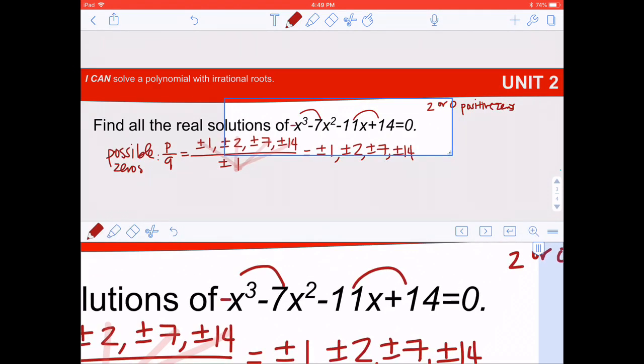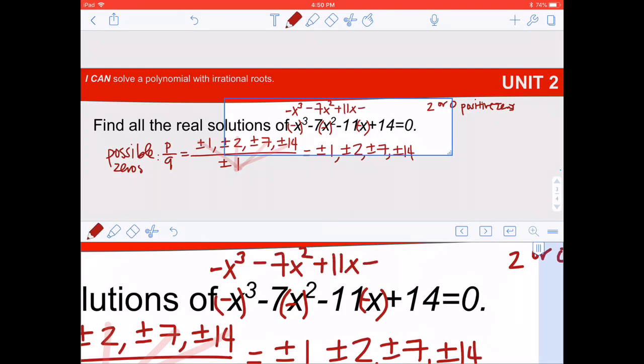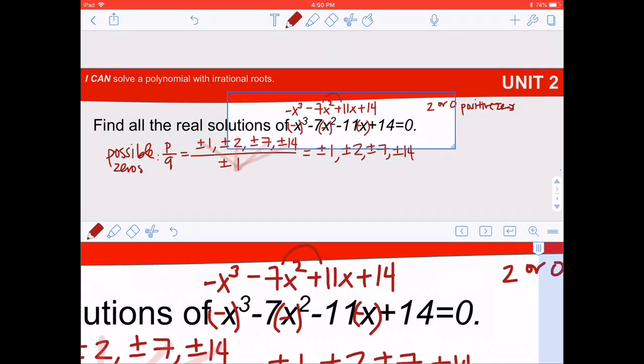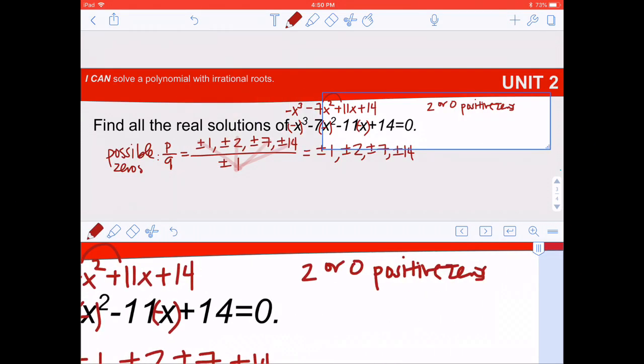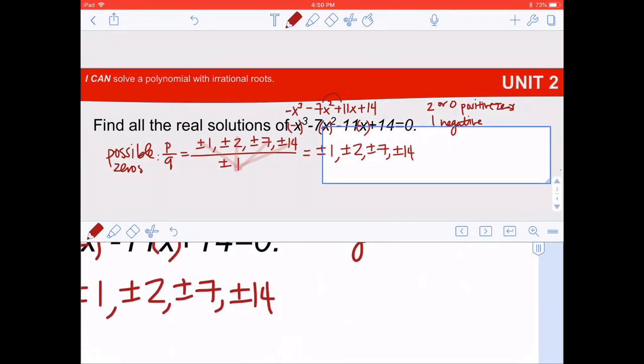And let's see, if I plug in a negative here, negative there, this will become negative x cubed minus 7x squared plus 11x plus 14. That means we only have one sign change here. So we're only going to have one negative zero. Narrows it down a little bit. We'll just keep that in mind.